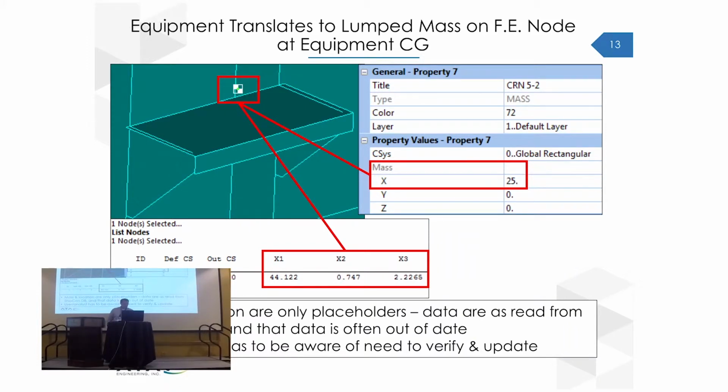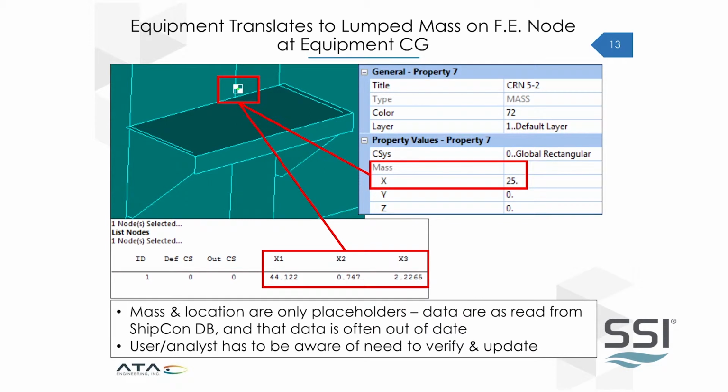And then also, since this was a foundation analysis, it's very important. So what we've done here is we look at whatever equipment is called out in the alternate part hierarchy. We grab the mass and the CG information from ShipConstructor, and we make a one mass element at that location so it's ready to attach to the structure.